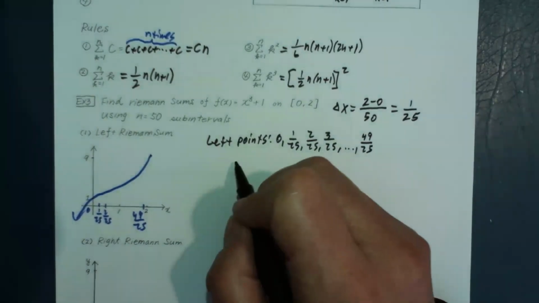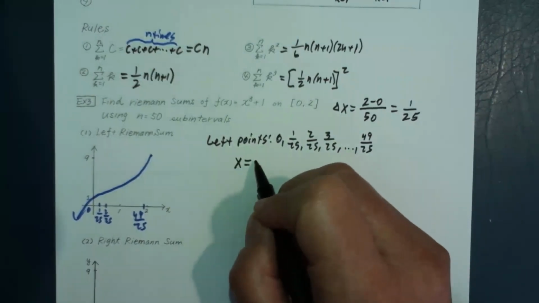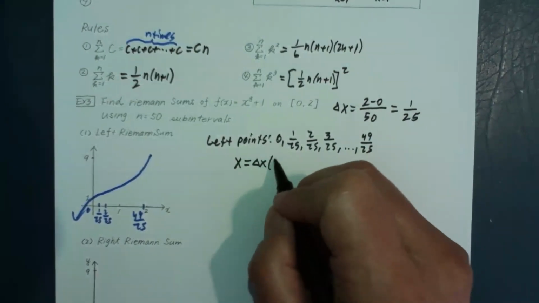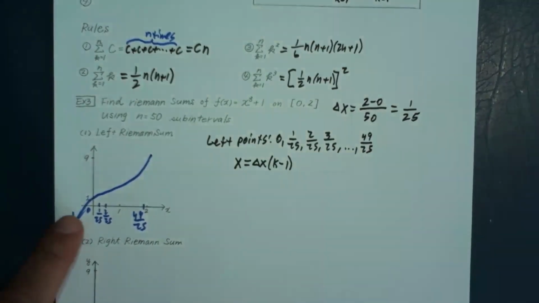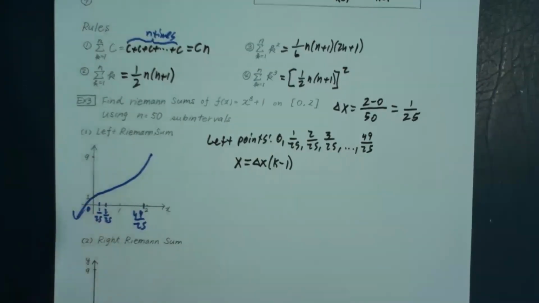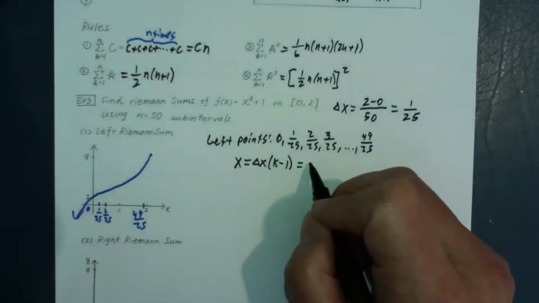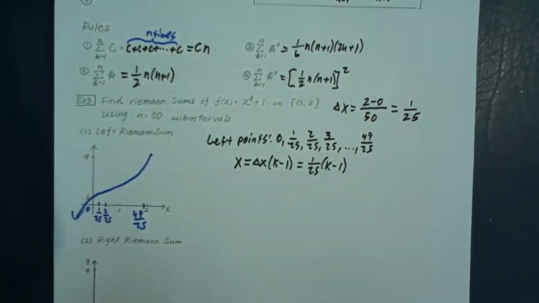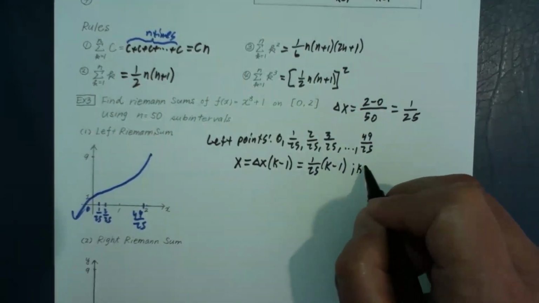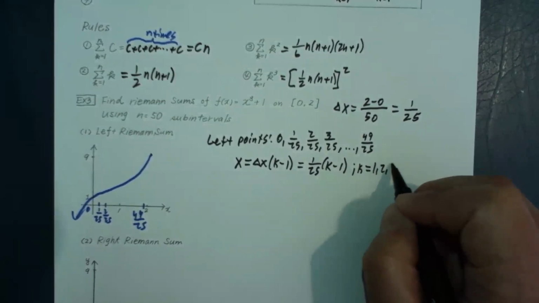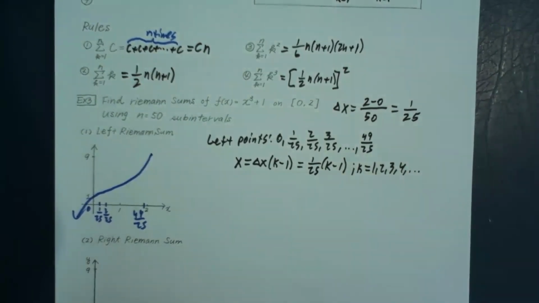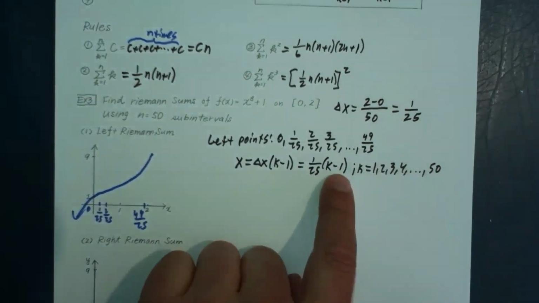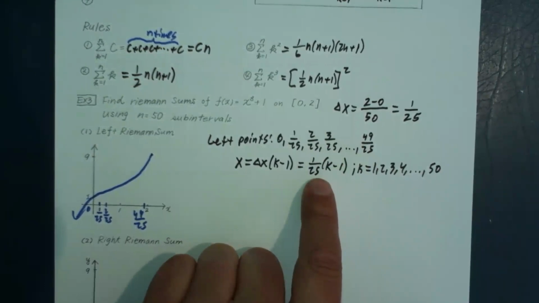And x is going to be, and this is really important here, delta x, which we know is 1 over 25, times k minus 1, because we're starting at 0. So in our case it's 1 over 25 times k minus 1. And k is going to start with 1, 2, 3, 4, and so on, up until we hit 50. And you'll note 50 minus 1 is the 49 over 25. So everything jives up with that.